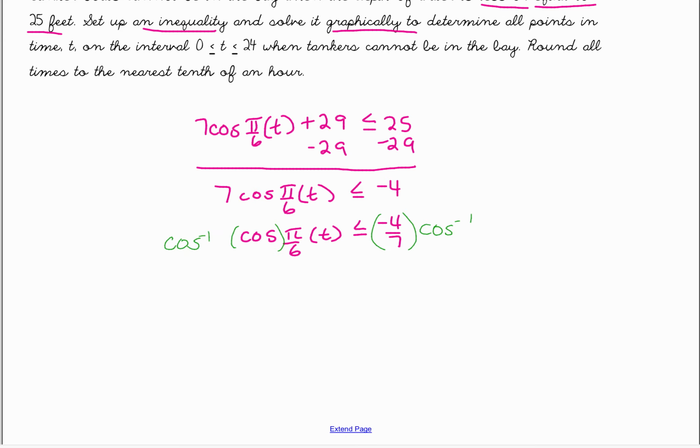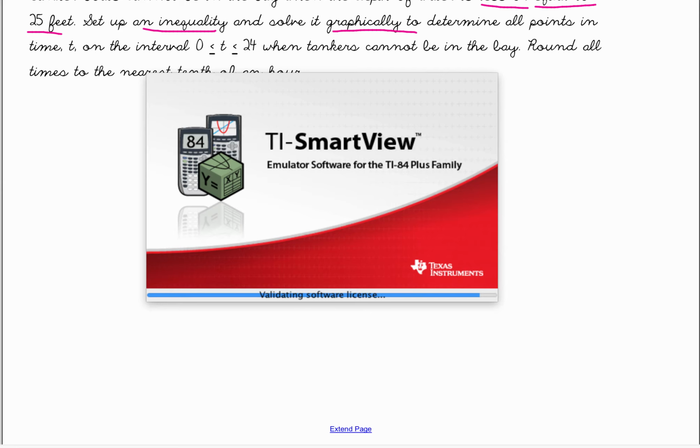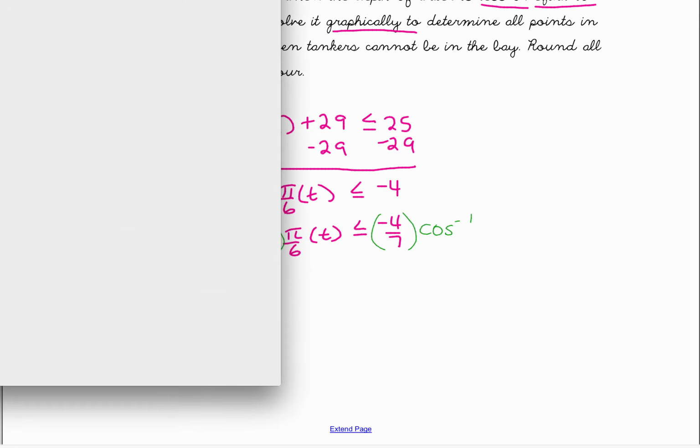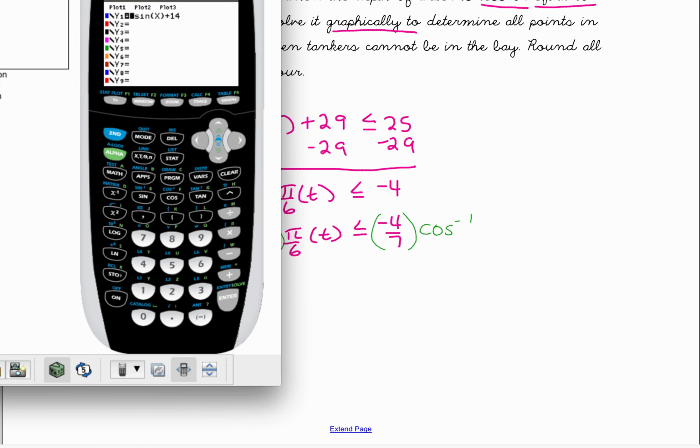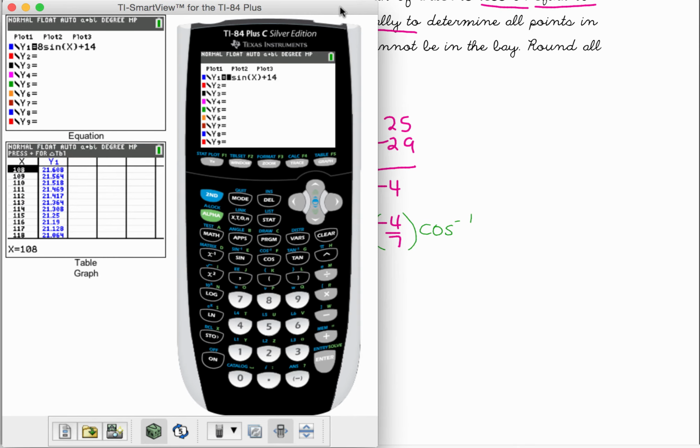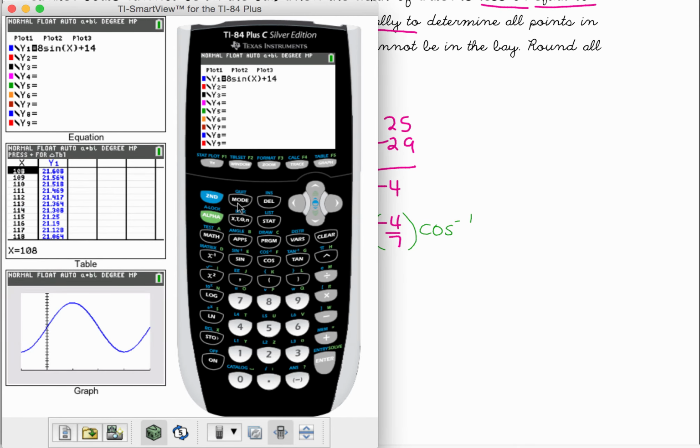So grab my calculator. The first thing I'm going to do is make sure I'm in radians. I'm not.